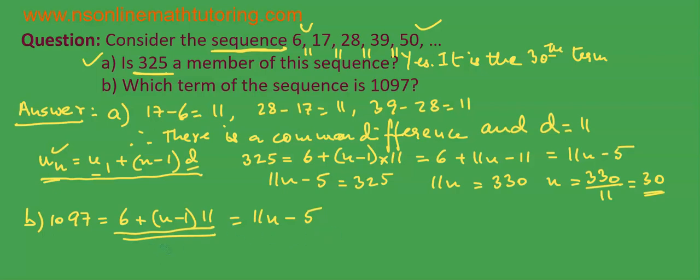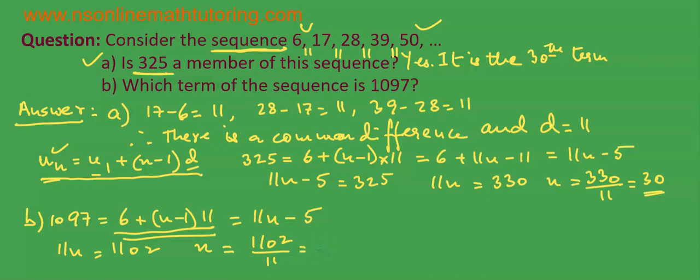And if I add plus 5 to both the sides, I get 11n is equal to 1102, because 1097 plus 5 will give us a sum of 1102. And what is the n value? 1102 divided by 11. 1102 is not divisible by 11. 1100 is divisible by 11, definitely.